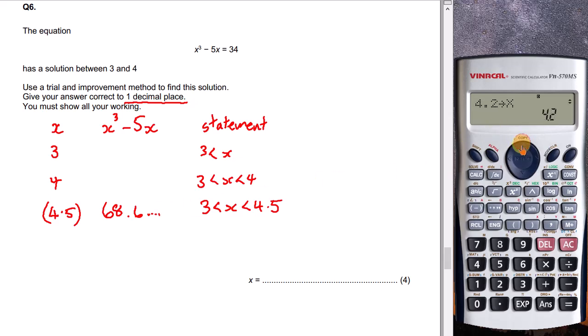So, what x value do I put in? 4.2. And that's saying 53. Getting rid of this 4.5 again. So try another number, 4.1.